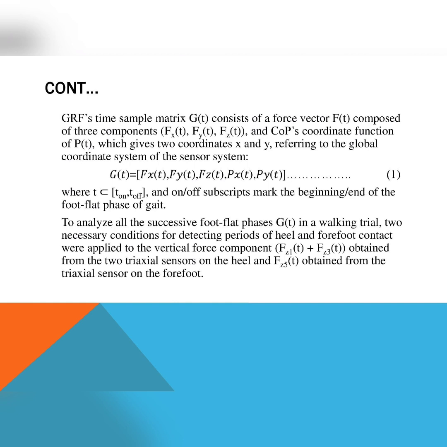To analyze all the successive foot flat phases in a walking trial, two necessary conditions for detecting periods of heel and forefoot contact were applied to the vertical force component Fz1 of t plus Fz3 of t, obtained from two triaxial sensors on the heel, and Fz5 of t obtained from the triaxial sensor on the forefoot.